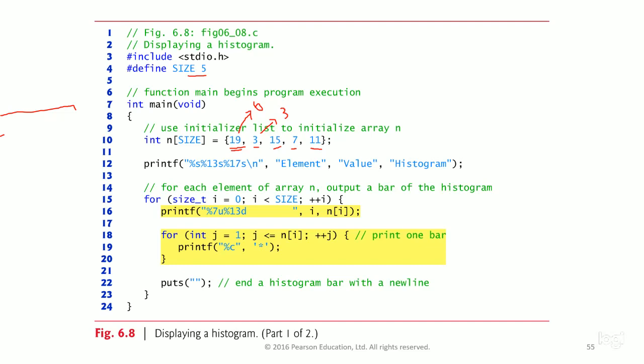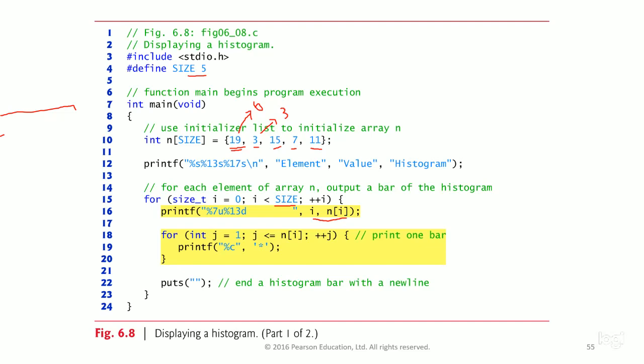Now this is something which is called a histogram, and you can print this by first going into this array. You have 5 elements. So you go here, and the first thing that you do is you basically print the index number and the value at the index number.